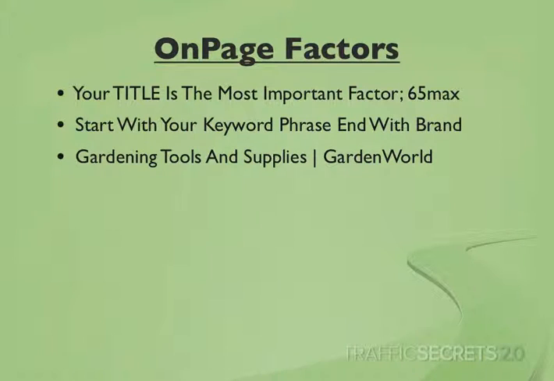So we'd use gardening tools and landscape supplies, the little pipe, and then Garden World. And that would be a decent strategy, because then on this page where we put all the other content, we could do a nice mix of gardening tools as well as landscape supplies throughout the page and have the opportunity to get this page to rank high for both of those phrases and not just one.